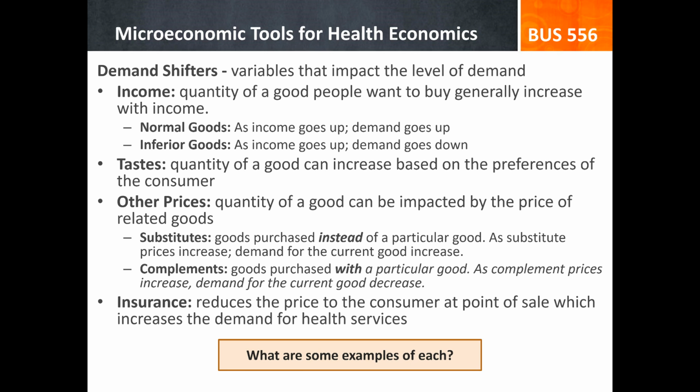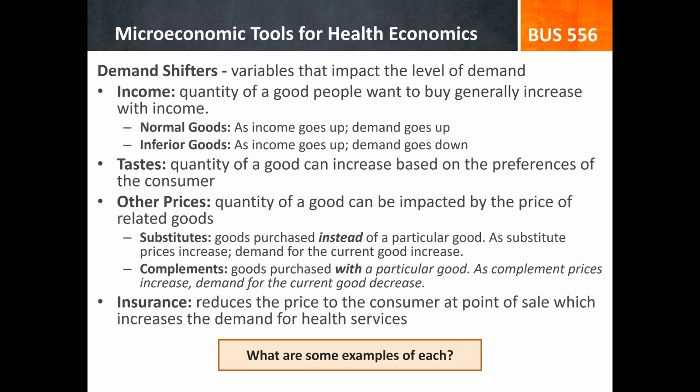If coffee is way too expensive, people would substitute a caffeinated hot beverage with tea, right? So if coffee gets too expensive, then the demand for the substitute increases. More people will get tea if coffee prices increase.